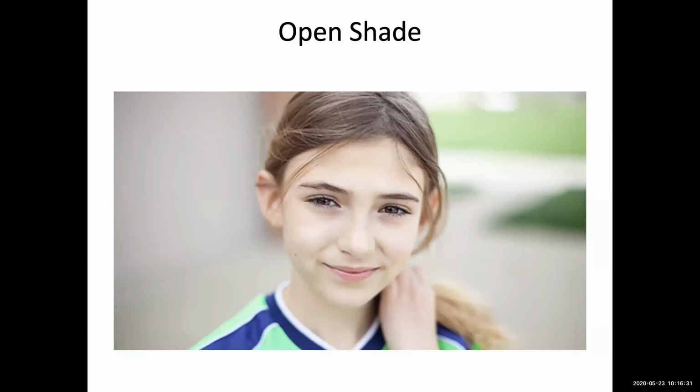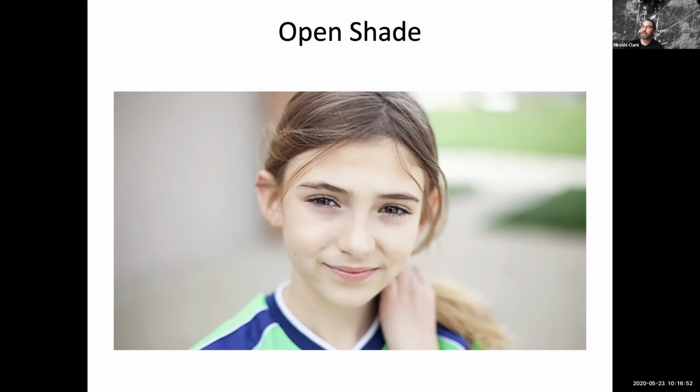Okay, you all see that? Yeah. So here's open shade. What happens in open shade? Can somebody tell me? I would think it would be a little darker, so you would get bigger grains in your file. No, not necessarily.